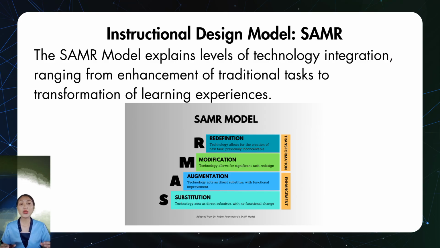At the substitution level, technology replaces traditional tools without change in function. At the augmentation level, technology improves efficiency. And in the modification level, tasks are redesigned. And in the redefinition level, technology enables new learning experiences that were previously impossible.